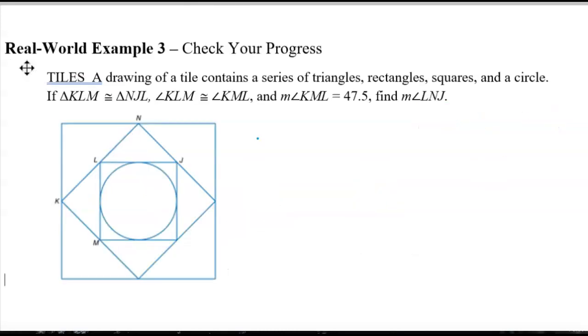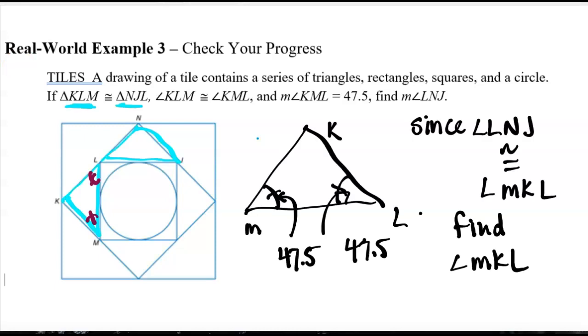Alright, this is the next example. I would like you to press pause, think about this, and then we'll go over it. Alright, so I'll sketch some things out here, and we know by the third angle theorem that the measure of this angle here is going to equal whatever is left over from 180.